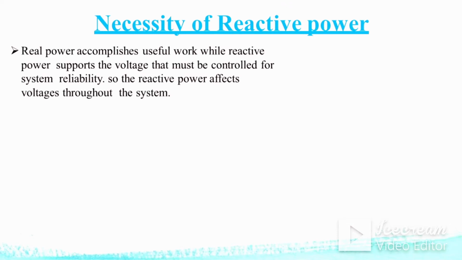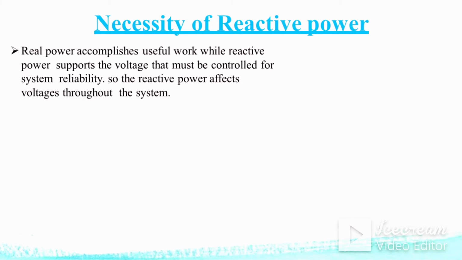So what is the necessity of the reactive power? Real power accomplishes useful work while reactive power supports the voltage that must be controlled for system's reliability. So reactive power affects the voltage throughout the system.